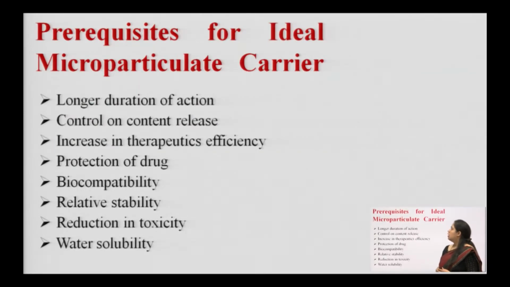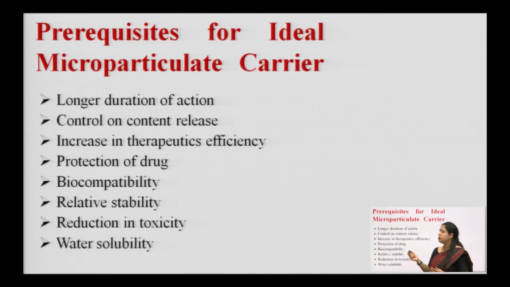Next, these are the prerequisites for ideal microparticulate carriers. Some considerations we give during the manufacturing process of microspheres, like longer duration of action. Why are we choosing these micro carriers for drug delivery system?